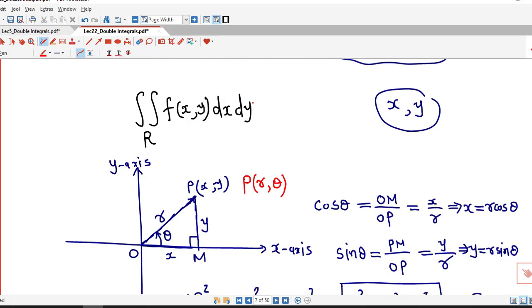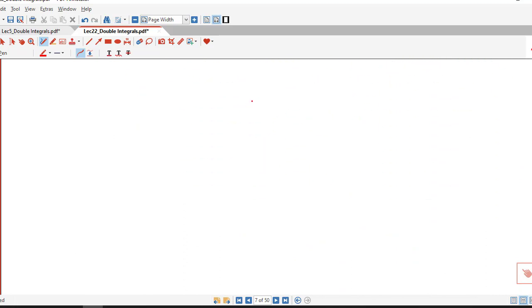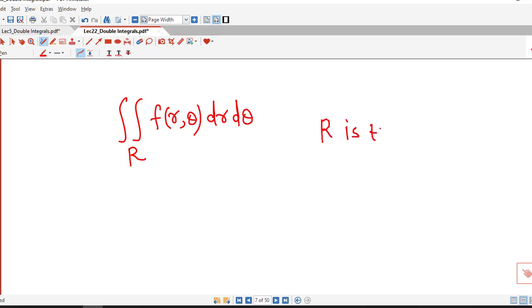Sometimes we are given double integrals in polar form. Instead of f(x, y), we will be given a function of r and theta. So we have to find the value of the double integral with respect to polar coordinates r and theta, where R is the region bounded by polar curves. That means the curves will also be in polar form.